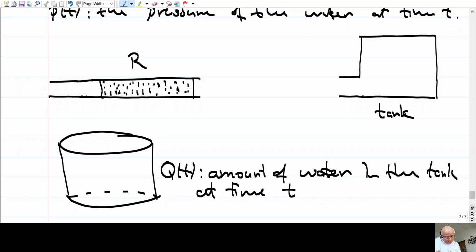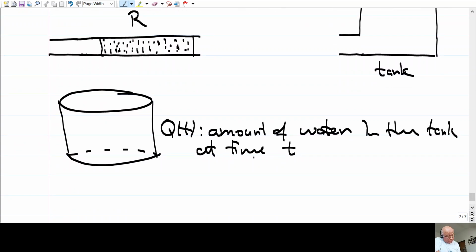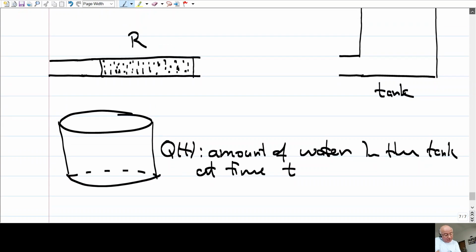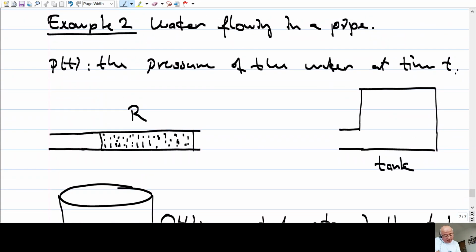Okay, at time t, and PT is actually the pressure at the bottom of the tank. So this is the pressure of the water at time t at the bottom of the tank.